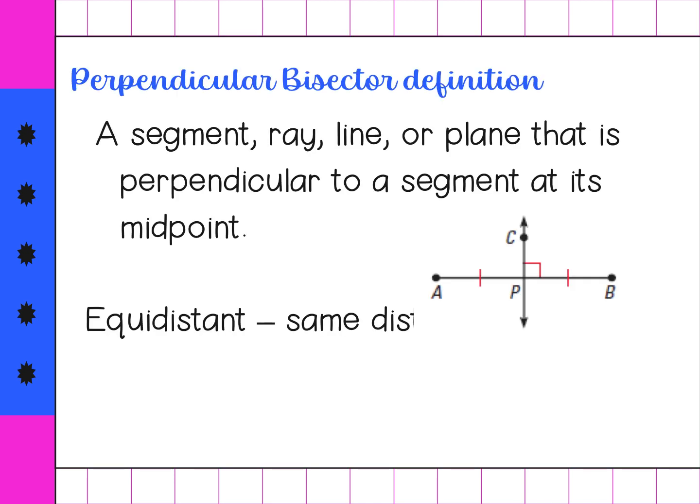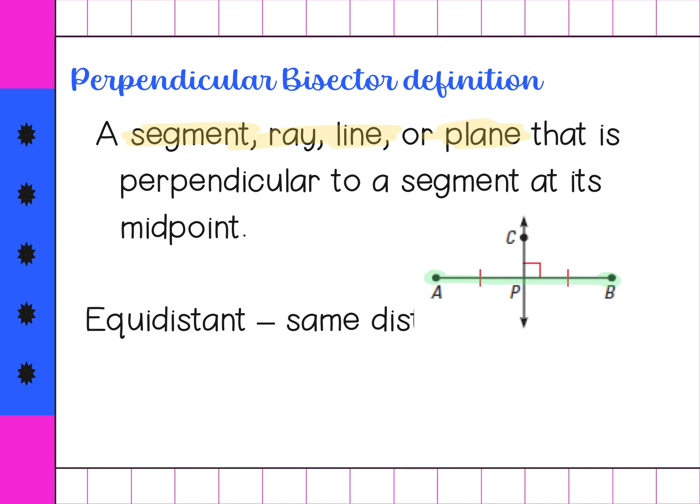Again, first of all, a perpendicular bisector by definition is a segment, a ray, a line, or a plane that is perpendicular to a segment at its midpoint. So in other words, all of these things, the segment, the ray, the line, or the plane, can cross a segment, let's say segment AB.